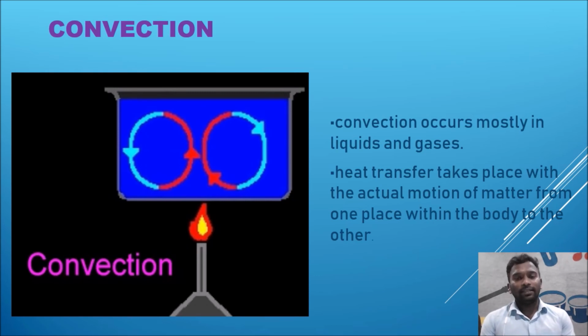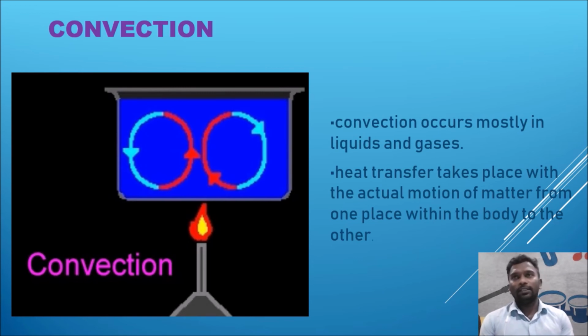And you can see one picture on the screen, right? We have taken one vessel, in that some amount of water is there, and we are heating it up with a flame, right? You can see the red circle; the molecules absorb heat energy within the liquid and try to move from bottom to up.